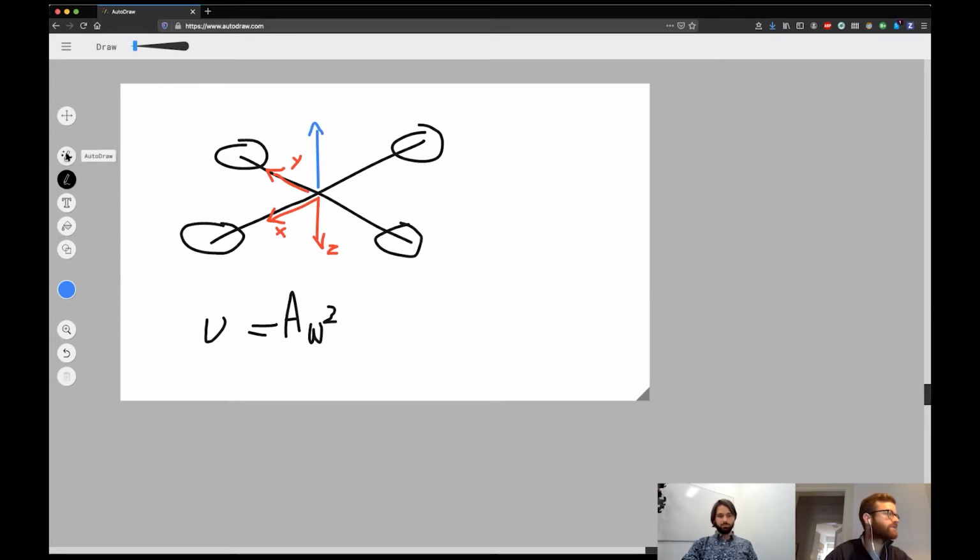So usually we assume that all the forces created by all the rotors point upwards. These are all the individual forces, which depend directly on the squared rotor speeds. So we have u1 pointing upwards. u2 is the angular acceleration around the x-axis, so this would be this one here. u3 is the angular acceleration around y, and u4 is the angular acceleration around z.